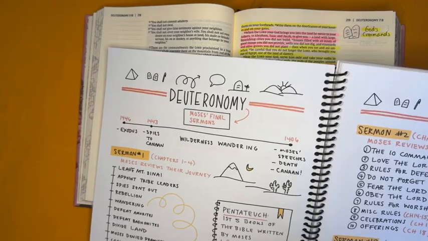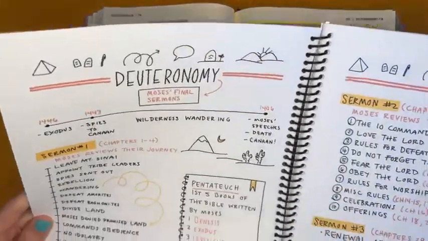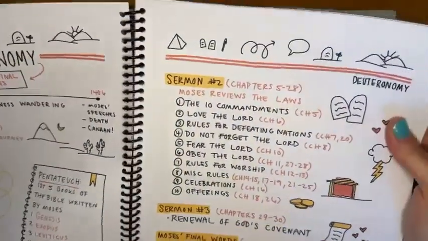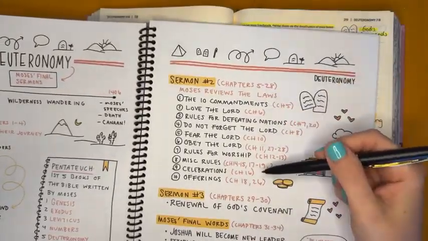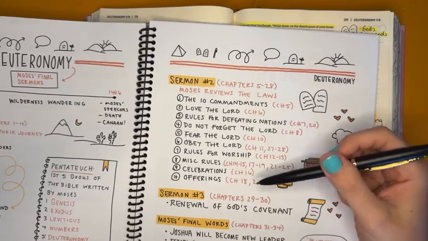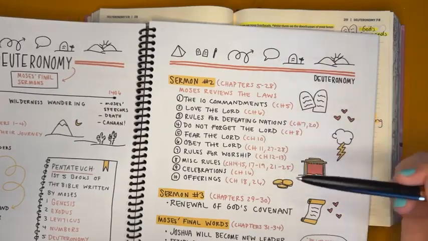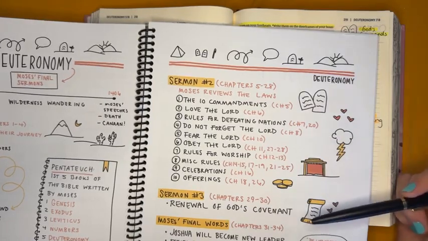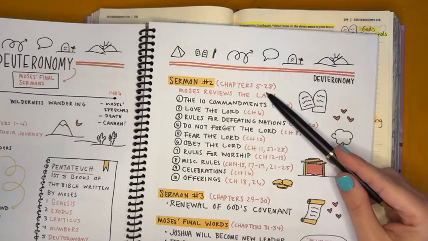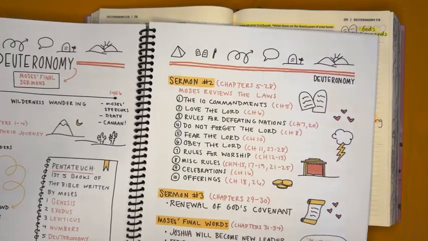He talks about taking them out of Egypt and then going to Mount Sinai and all the way to now, when they're about to go to the Promised Land. His second sermon is where we are in chapter 6. This is where he is now reviewing the laws. He's gone over the history that the Israelites have been in, and now this section of Deuteronomy, chapters 5 to 28, he's reviewing laws.